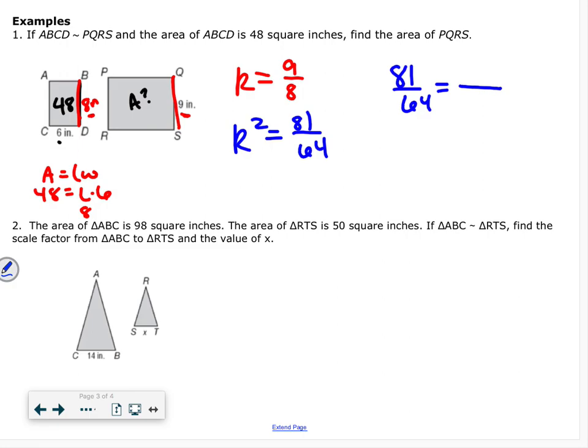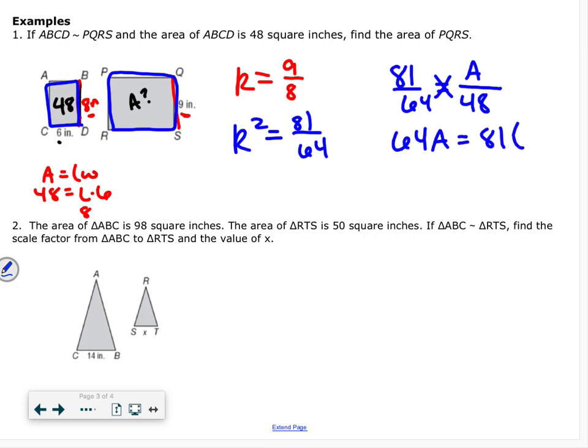The 81 corresponds with this one, so we're going to put area on top, and then the area of the other one on the bottom, because the 64, the one on the bottom, corresponds with that ABCD. And then we're simply going to cross multiply. 64A equals 81 times 48. Divide, we should get our area to be 60.75 inches squared.